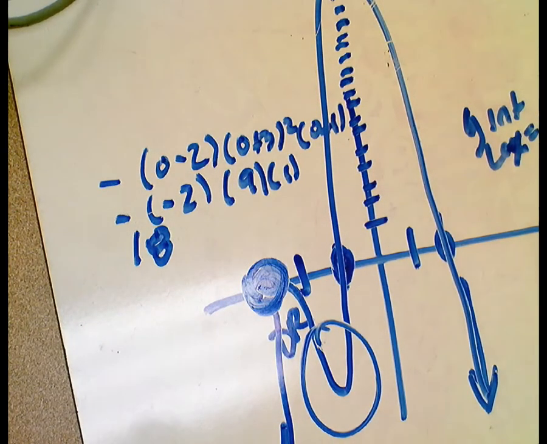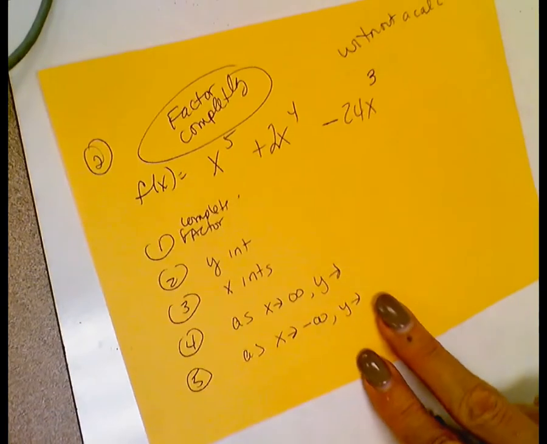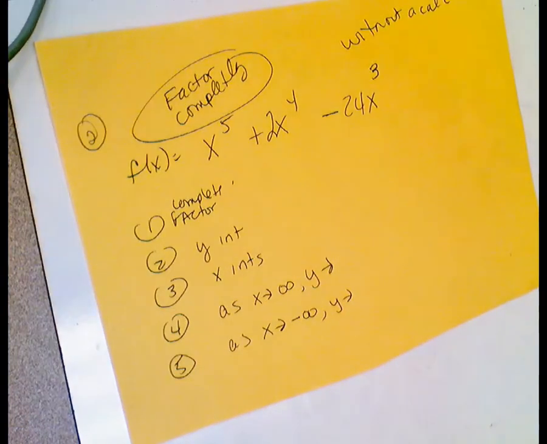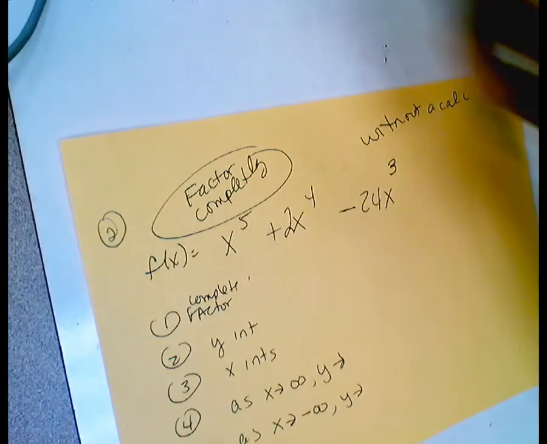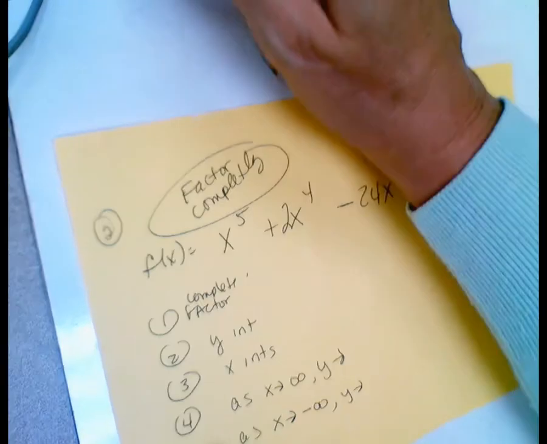Okay, next question. So I need to wipe this up. All right. So the second one, factor completely. We're going to factor this completely. Okay. So I'm going to take a GCF out.